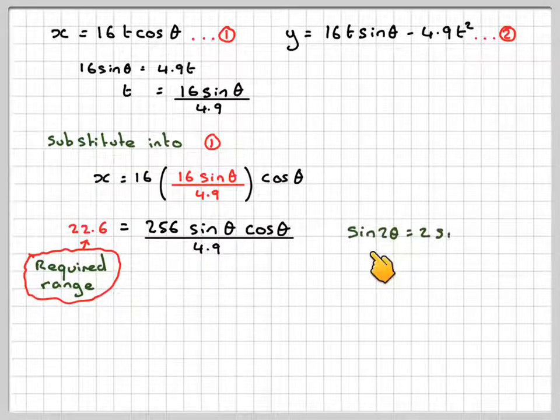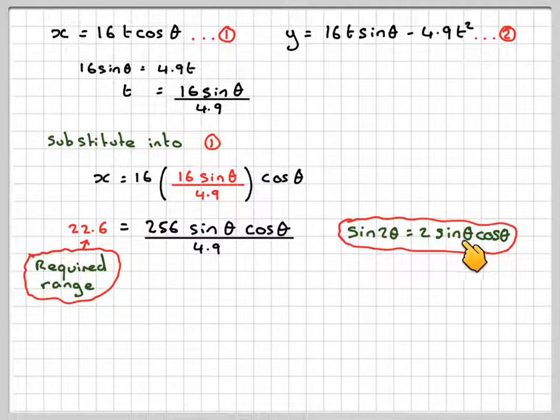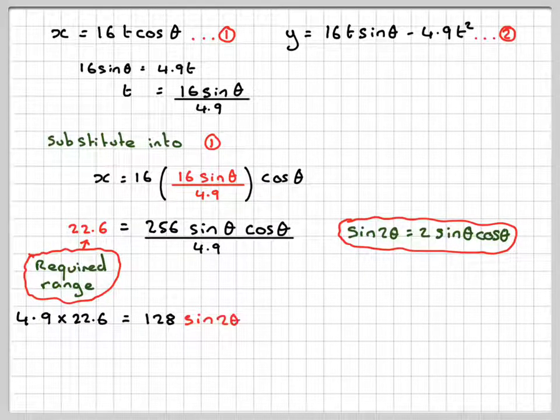Using that sine 2 theta is equal to 2 sine theta cos theta, we'll do 4.9 times 22.6, and take half of 256, because it's 2 sine theta cos theta, which is 128 sine 2 theta.